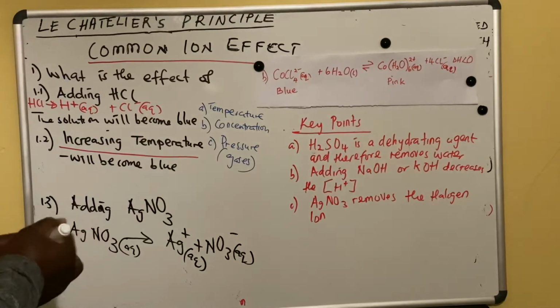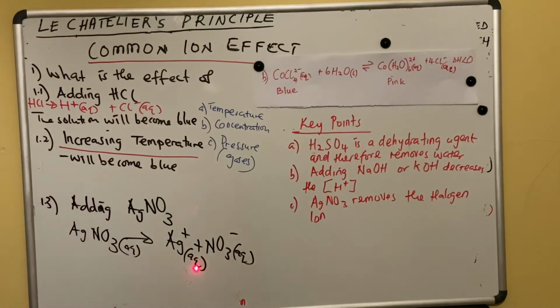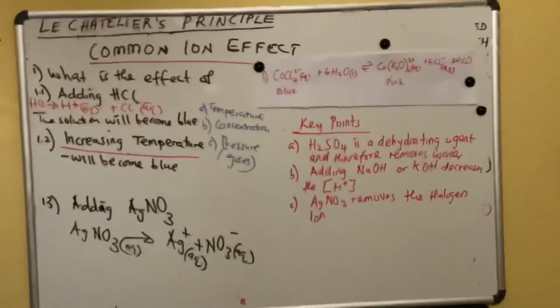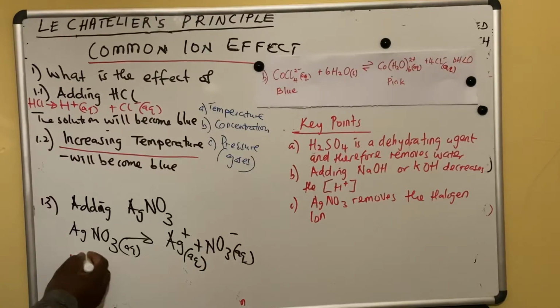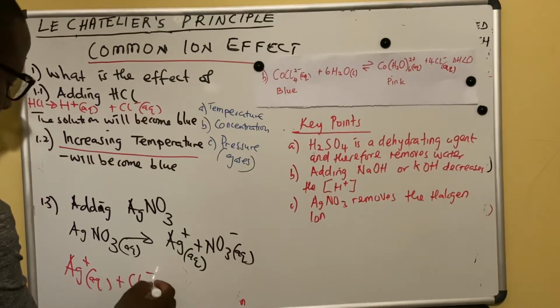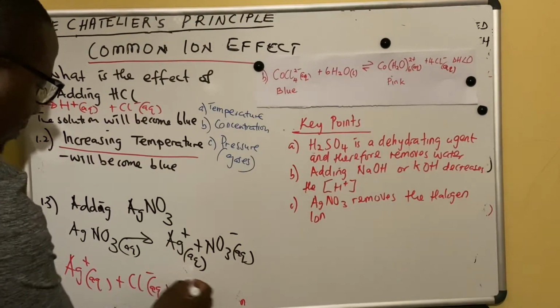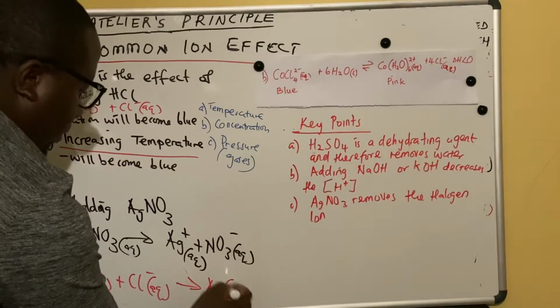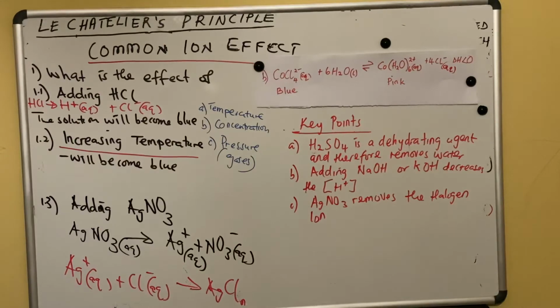Then, when I look at this equation now, what do the silver ions do? The silver ions that have been produced here are going to react with the chloride ions to form silver chloride, which is a precipitate, which you can actually observe.